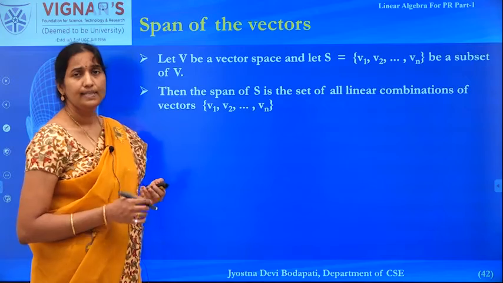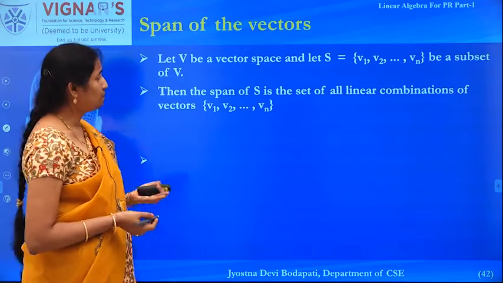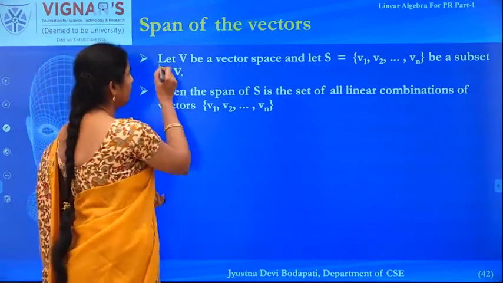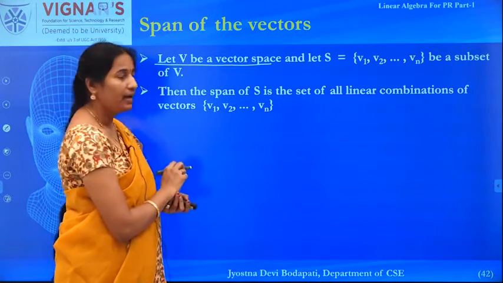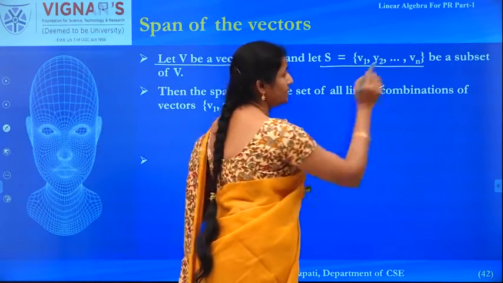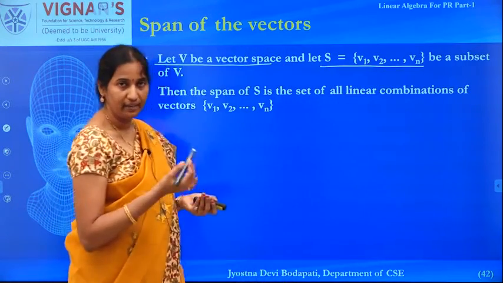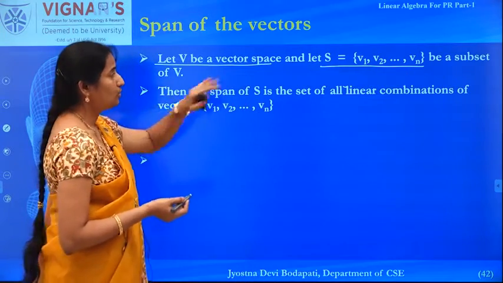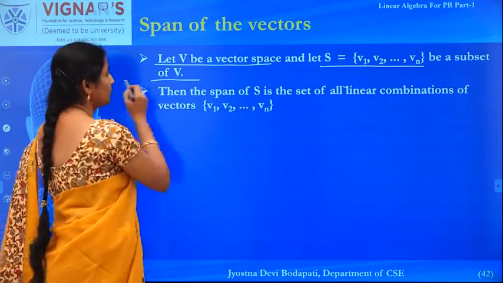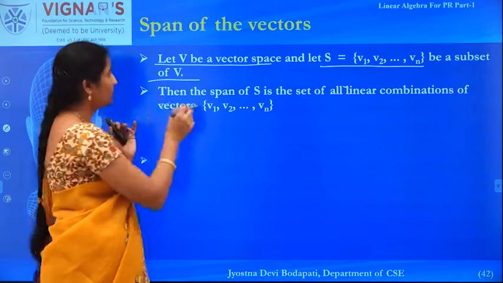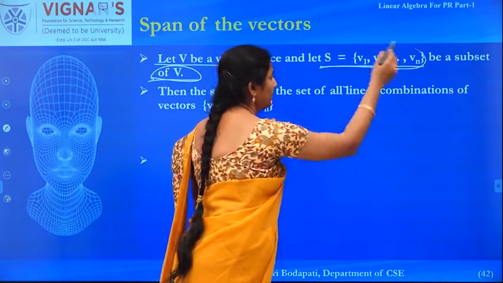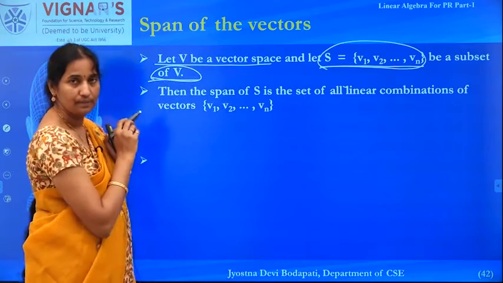Let's see what the span of vectors is. The span of vectors can be defined like this. Let V be a vector space and S be a set of n vectors, that is v1 to vn, which is a subset of the vector space V. So V is a given vector space and S is a subset of this vector space.